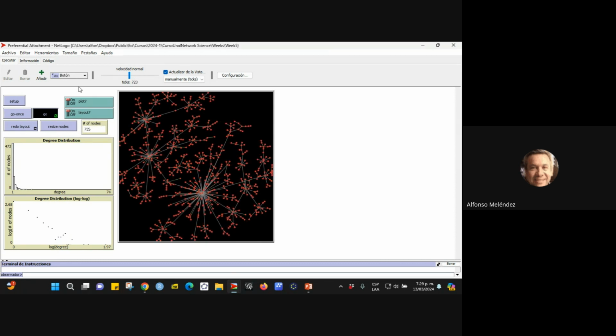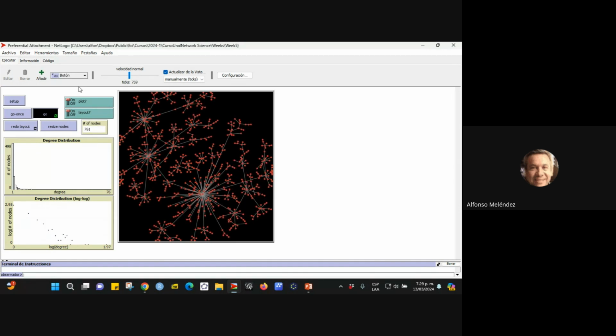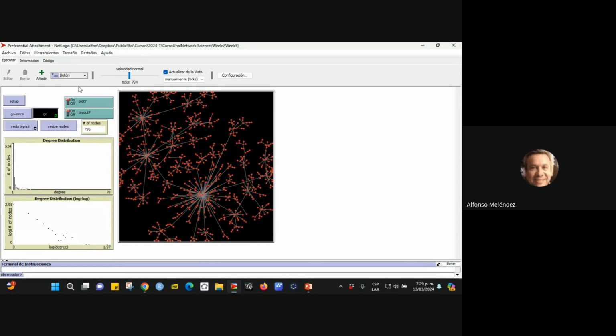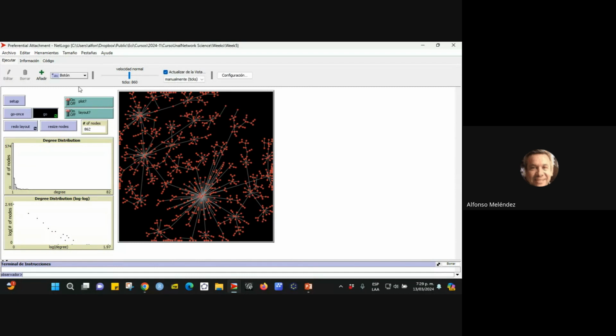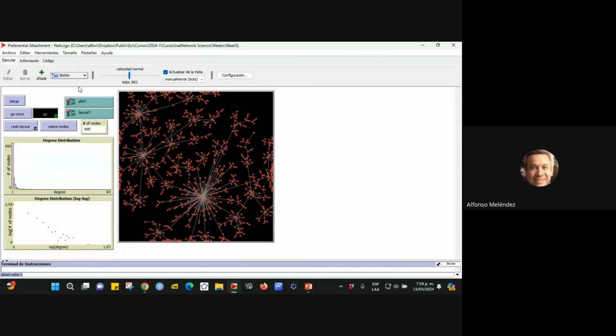Today there are more models, but these models are the most important models and they are used very much because the community of network science knows a lot about these models. There's a lot of research, and so they continue to be studied.